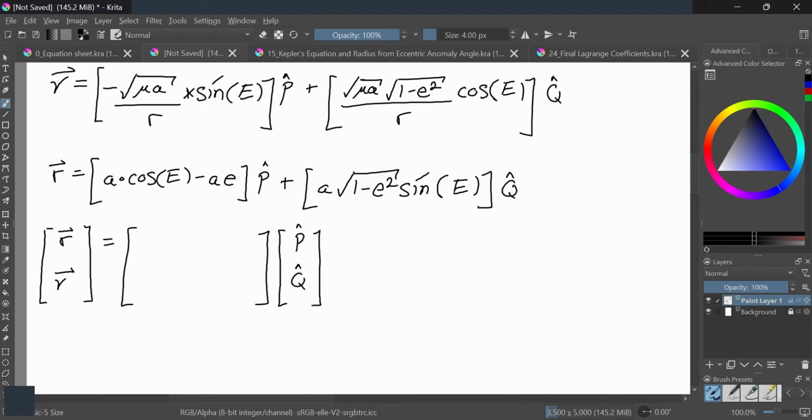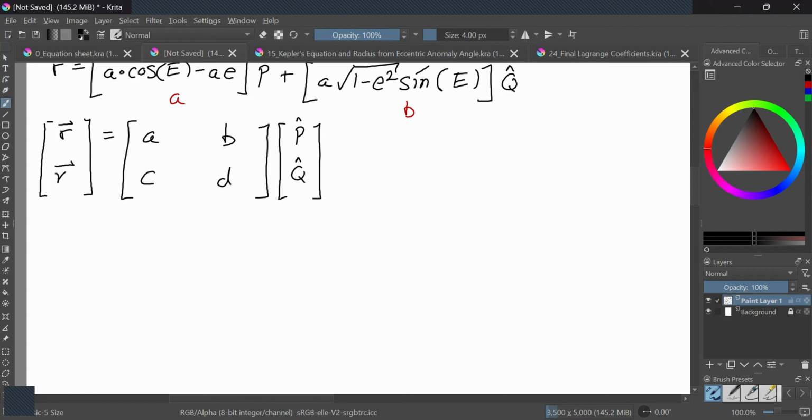I'm going to do some shorthand here just to make it a little bit faster for me. So we have a, b, c, and d.